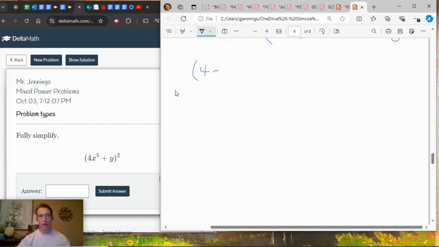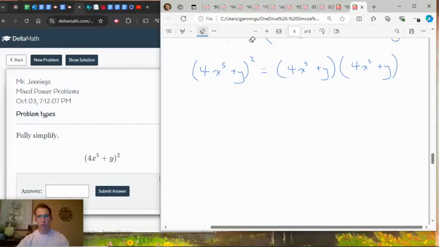Okay, 4x to the 5 plus y, squared, is equal to 4x to the 5 plus y multiplied by itself. And when we multiply a binomial, meaning a two-term expression, it's got a term there and a term there, so it is a binomial, just like bicycle. Okay, these are two pieces.